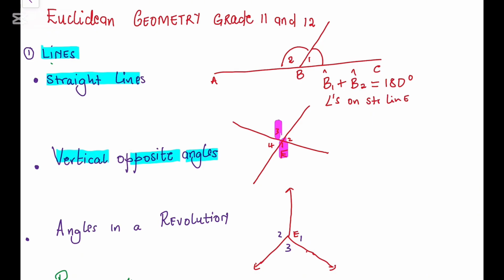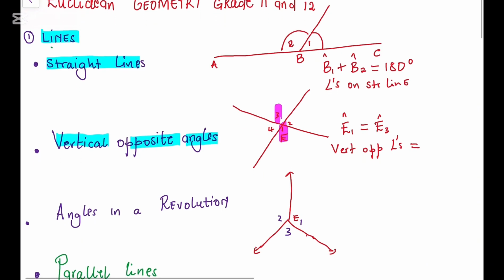So these are vertical opposite angles. So angle E1 is equal to angle E3. When you write your reason, you just say vertical opposite angles are equal. That is how you write your reason.